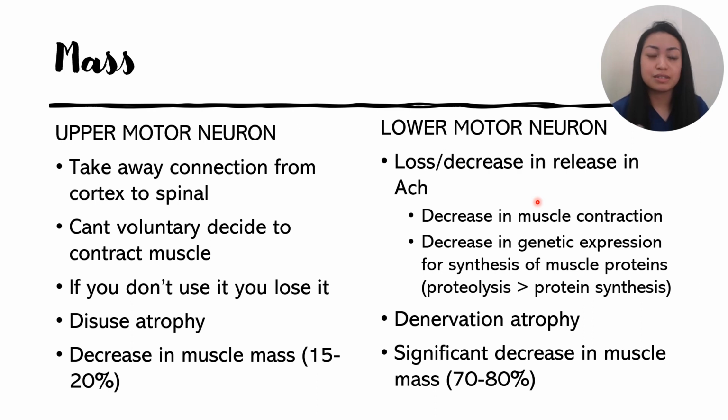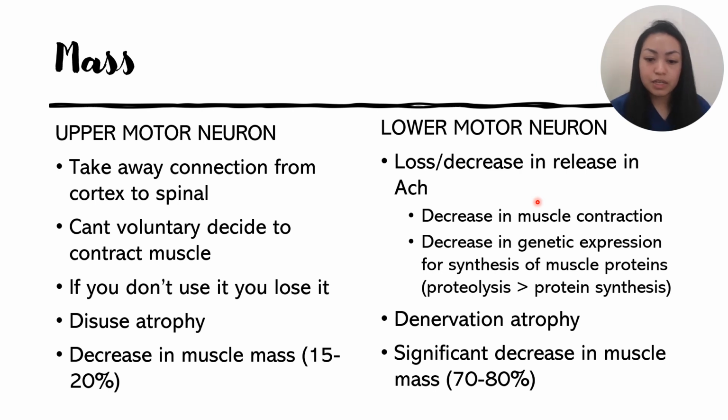So if we're not synthesizing muscle proteins and we're constantly degrading them, then proteolysis is going to overcome protein synthesis. And therefore, the combination of not being able to contract my muscles plus not making muscle proteins would eventually lead to a much greater extent of atrophy.